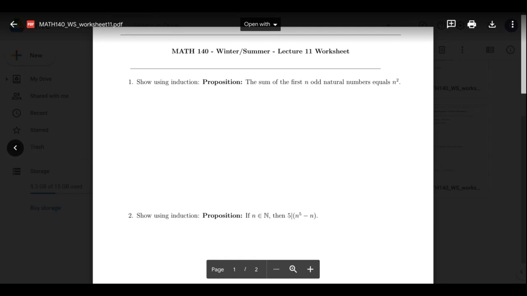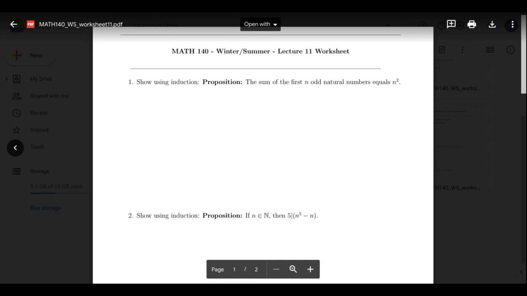Then we want to prove P of n plus 1 is true, which is 1 plus 3 plus 5 up to 2(n plus 1) minus 1. Then that can be simplified as n squared plus 2n plus 1. That's n plus 1 squared. That's right. Something just like that.